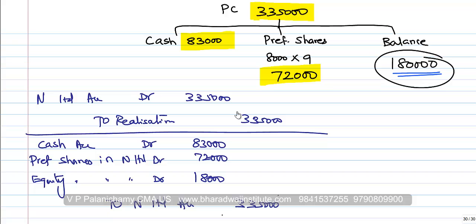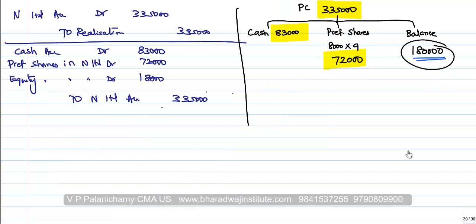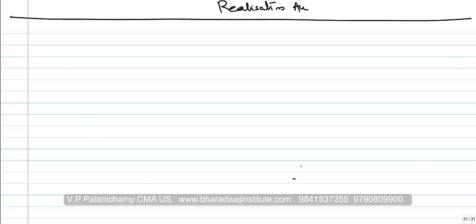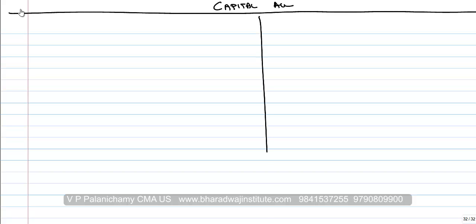Now take up these two adjustments and we'll proceed. So in case of a sale of a firm, always you have to make these two adjustments. All other things are the same, like what? Dissolution. Listen, which account first? Then capital account of partners. Who are the partners?